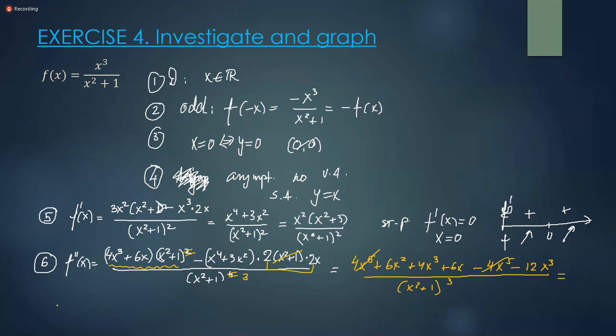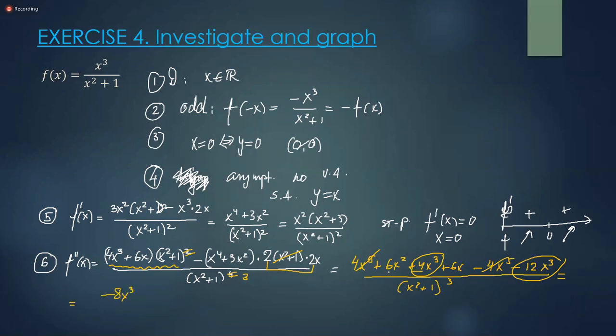And of course, let's remember that we need now the cube. So finding the second derivative is a bit messy, but it is worth doing because it's good practice in differentiation for your second midterm examination, by all means. And so we have 4x cubed minus 12x cubed, which is minus 8x cubed.